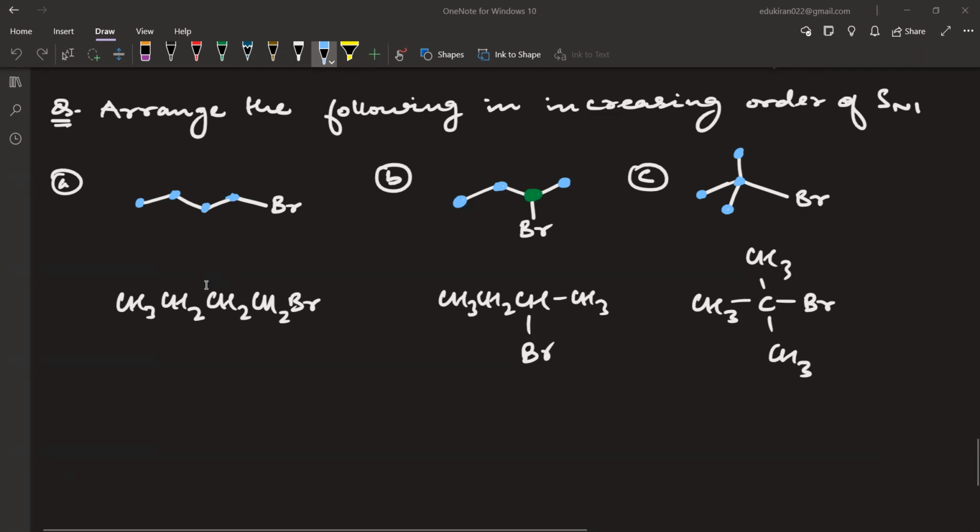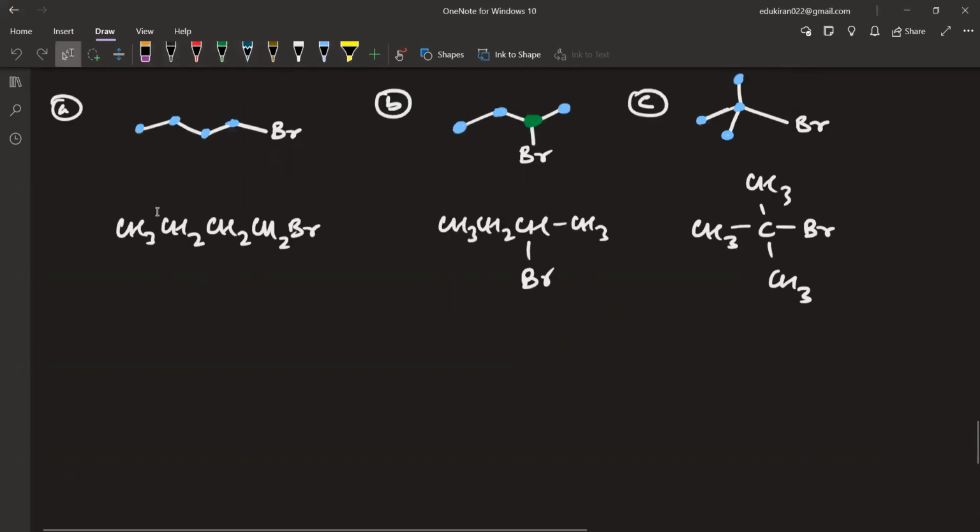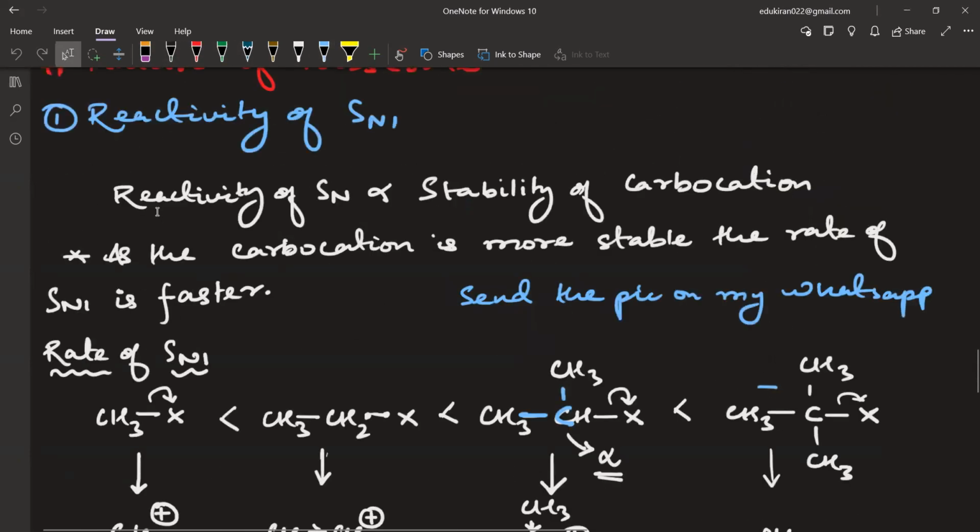Now what we can do, we can move on to the reactivity of Sn2. Please write the next one. Reactivity of Sn2. You have seen the reactivity of Sn1. Second is reactivity of Sn2.